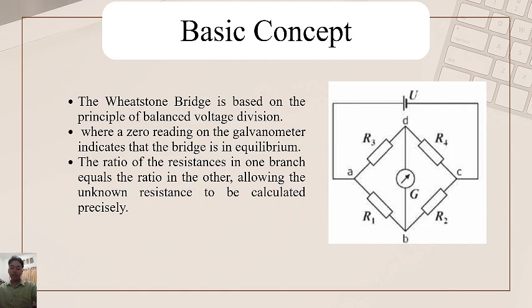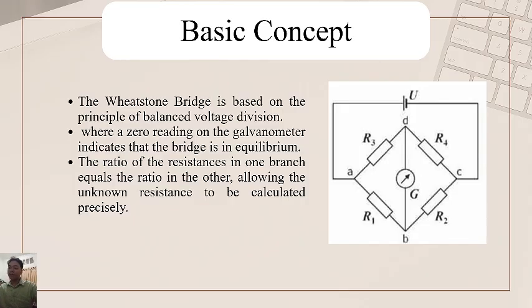At these balanced conditions, the ratio of the resistance in one branch equals the ratio in the other, allowing the unknown resistance to be calculated precisely. Because of its simplicity, sensitivity, and reliability, the Wheatstone bridge remains a fundamental tool in electrical measurements, laboratory experiments, and sensor-based applications such as strain gauge and temperature detection.